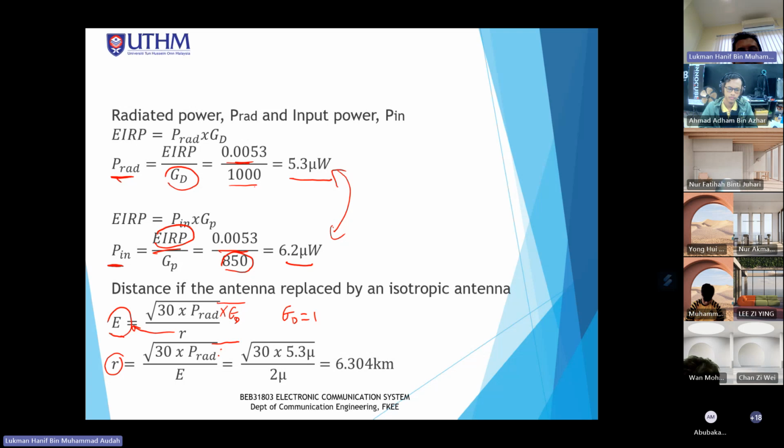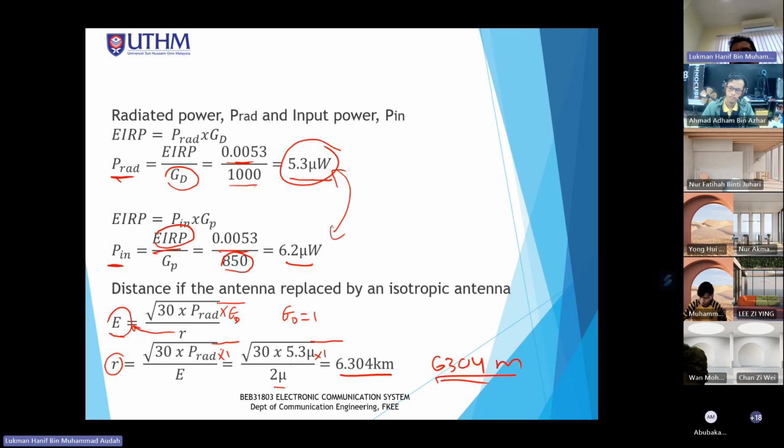So the square root of 30 times 5.3 microwatt times 1, divided by 2 microvolt per meter. We're going to get 6,304 meter.